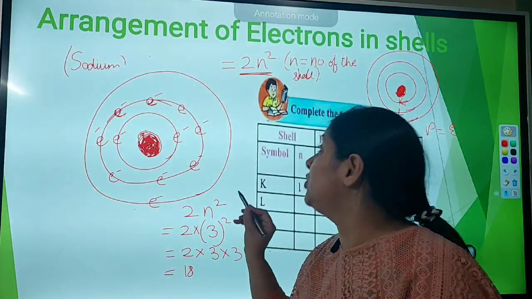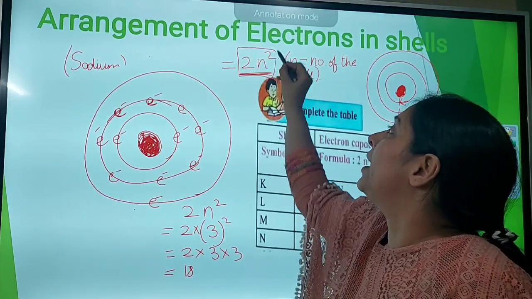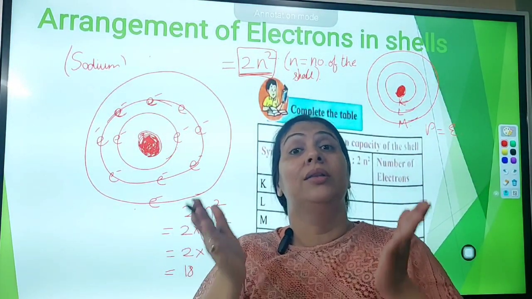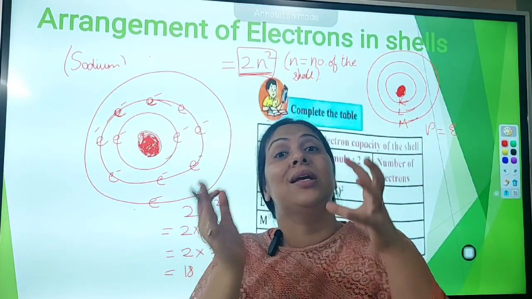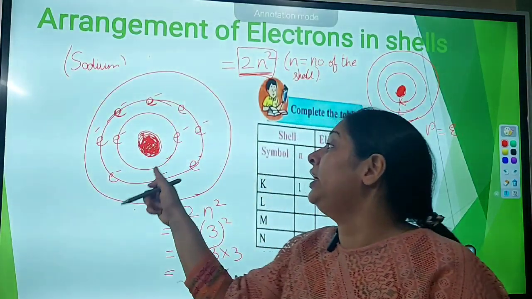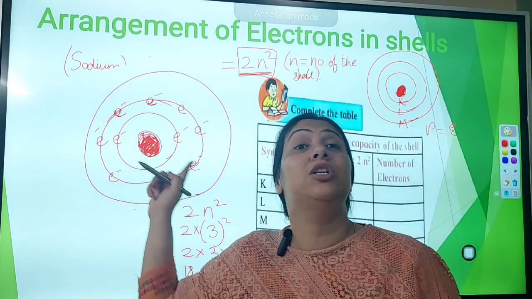So basically this formula 2n² will tell you the capacity of each shell.